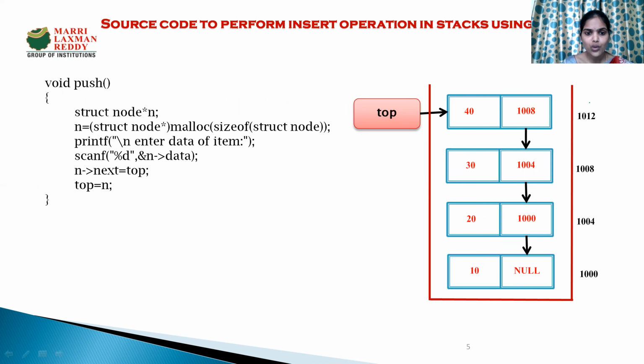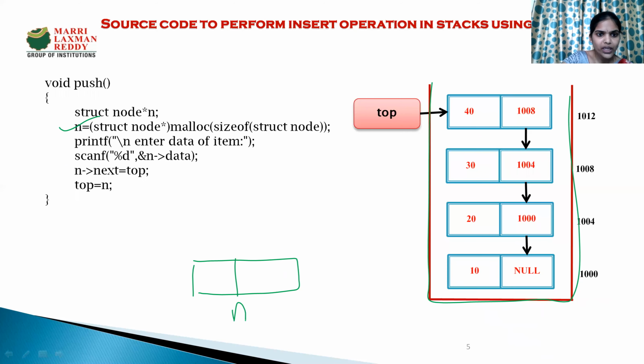Here is the source code of how to push a node onto the stack. Initially, to push a node onto the stack, we take an empty stack. First, a new node n gets created with the help of the malloc function. After that, we are storing some data onto that node, that is 10.